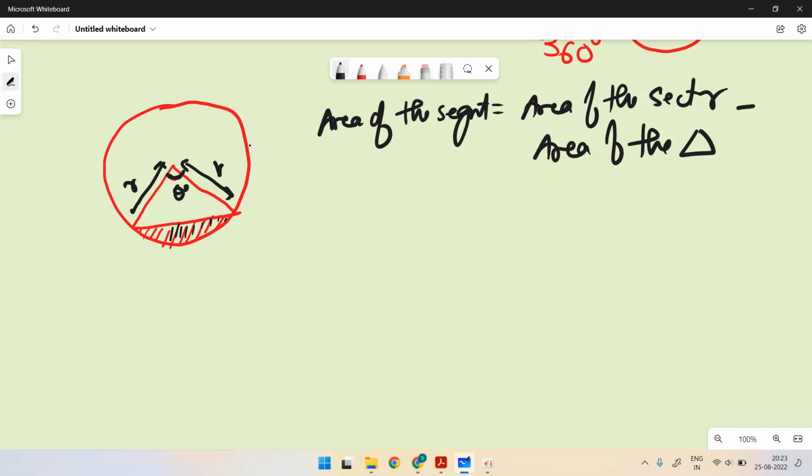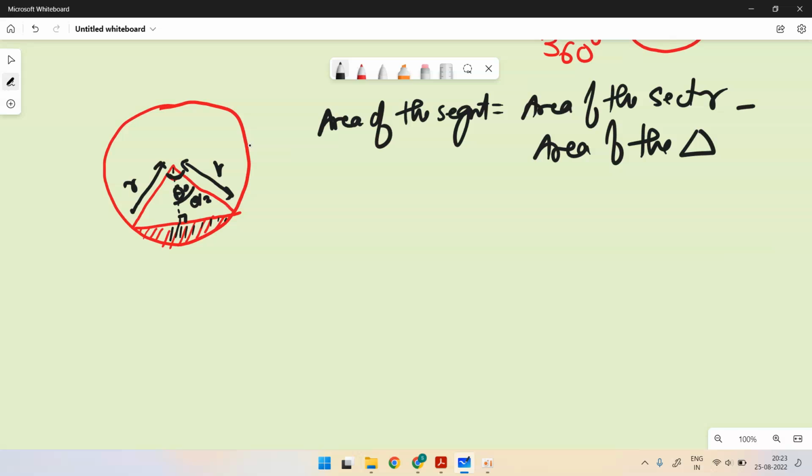See, if you draw a perpendicular from here to here, you divide this into two parts. I have also shown this in the circle chapter. Since this angle is theta, half of it is theta by 2.